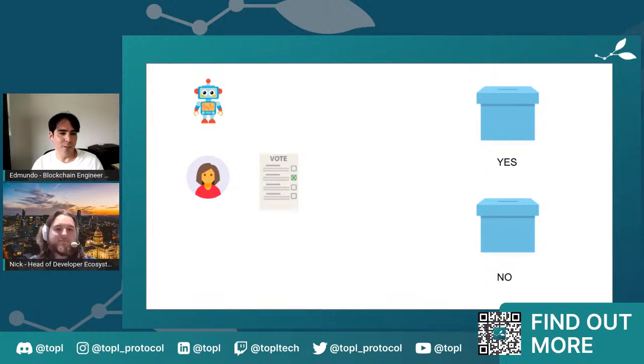The question is a very simple one in the software: is this software a demo? Alice will send that ballot to the yes ballot box if she thinks it's a demo, and to the no ballot box if she thinks it's not a demo.